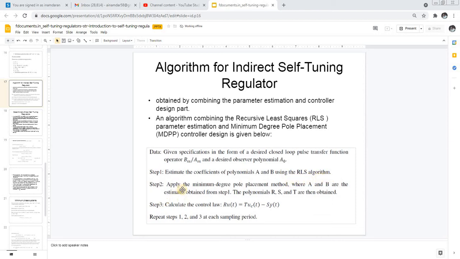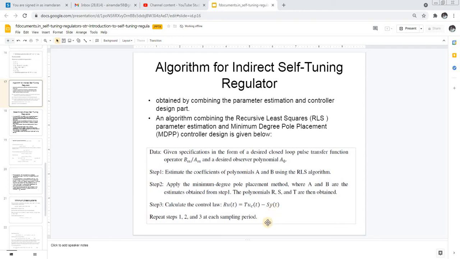In step 2, we apply the minimum degree pole placement method, in which A and B are the estimates obtained from step 1, and the polynomials R, S and T are then obtained. Then we calculate the control law, that is R u(t) equals T uc(t) minus S y(t).